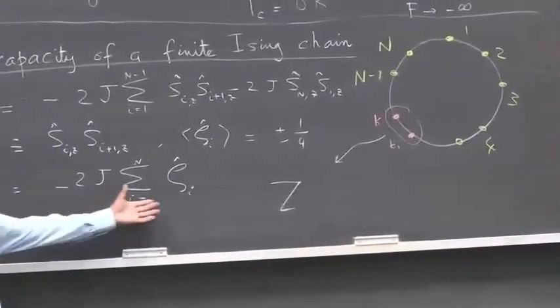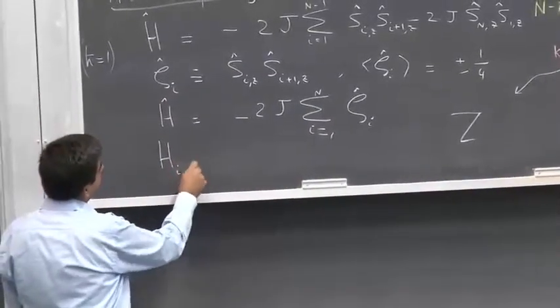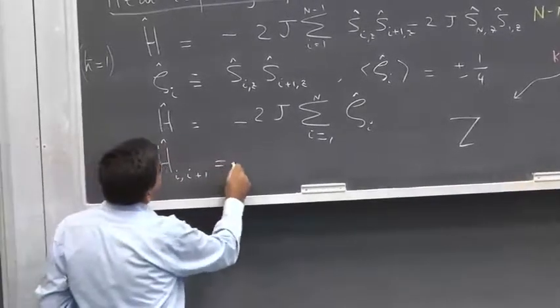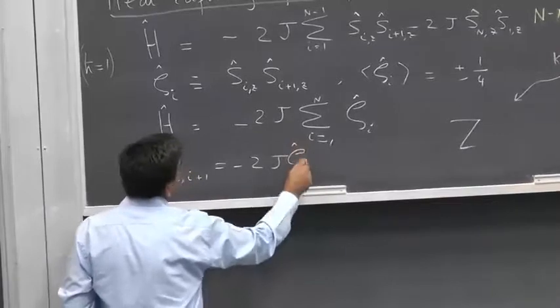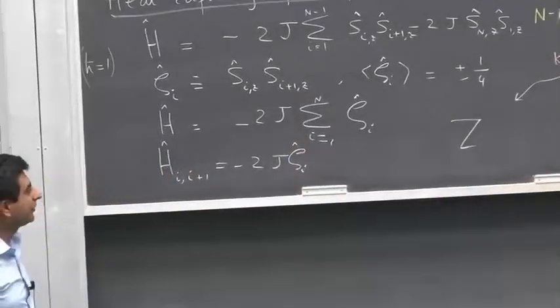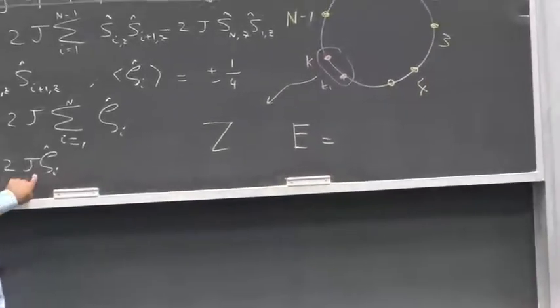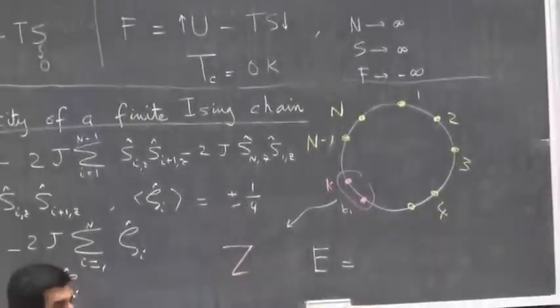Now if you take the interaction between just two spins, i and i plus 1, it's minus 2J zeta_i. So the eigenvalues E can be minus 2J into 1/4 or into minus 1/4.